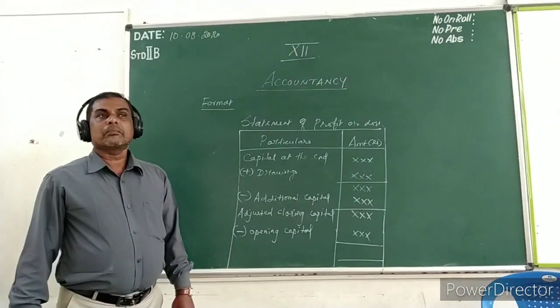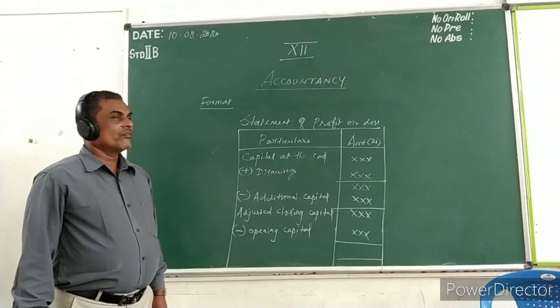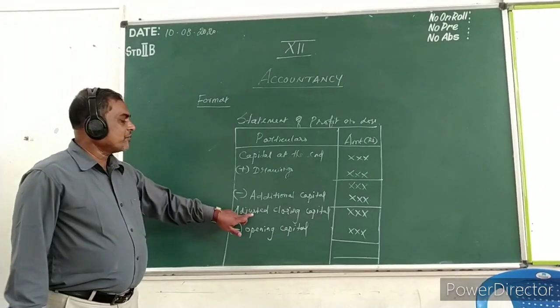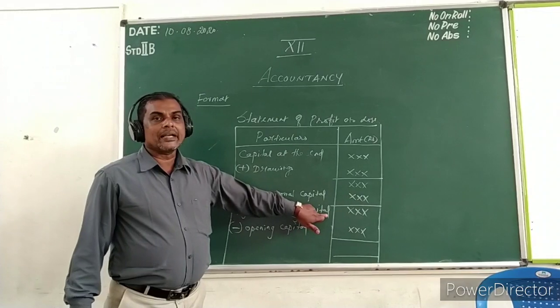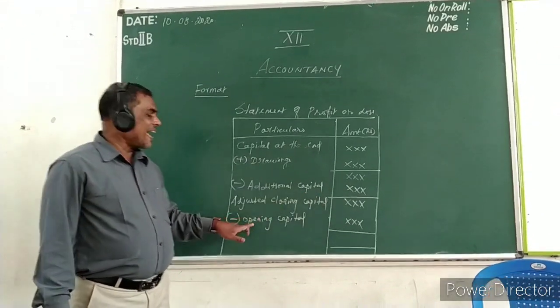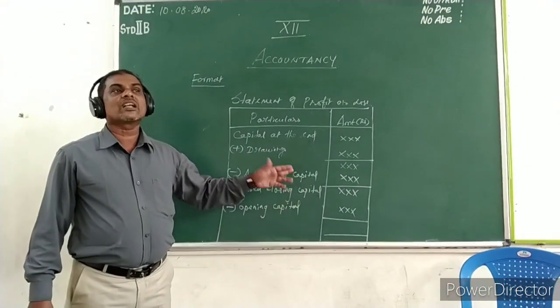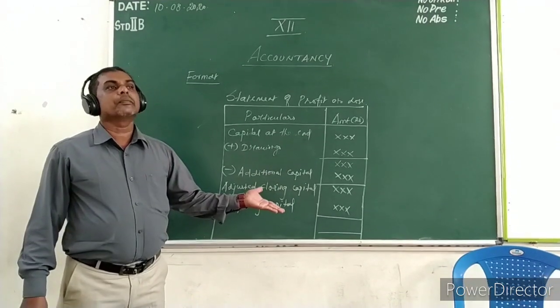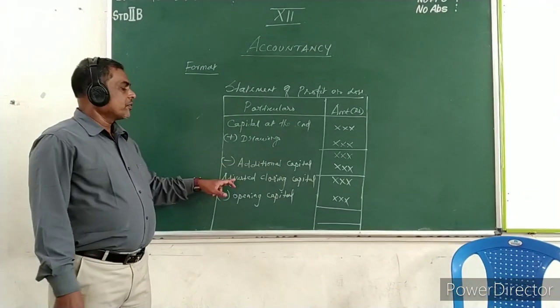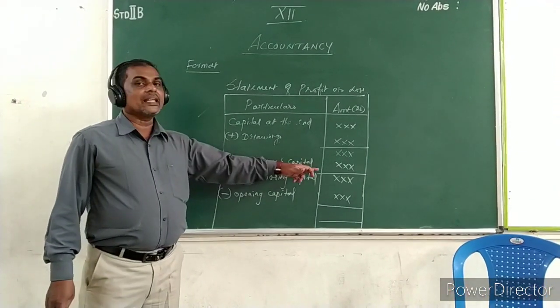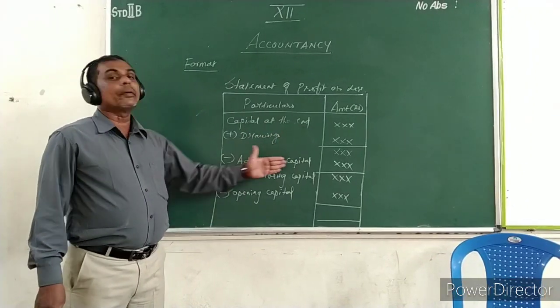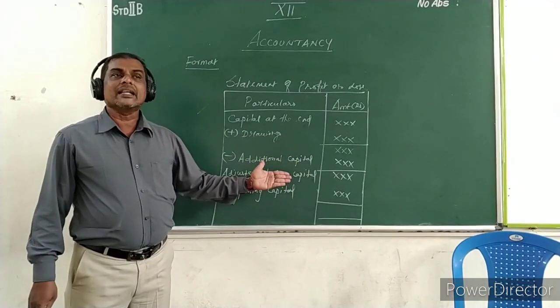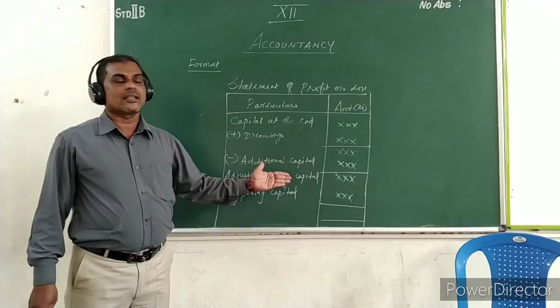That result may be plus or minus. If the adjusted closing capital is more than the opening capital, your result will be plus, which means profit. If the adjusted closing capital is less than the opening capital, the result will be minus, which means loss for the business.